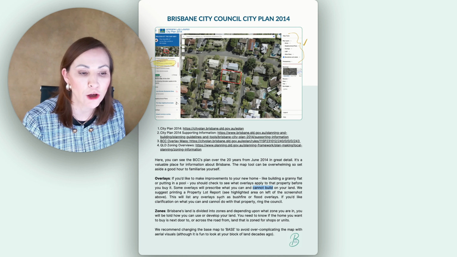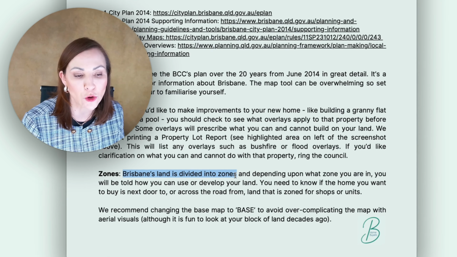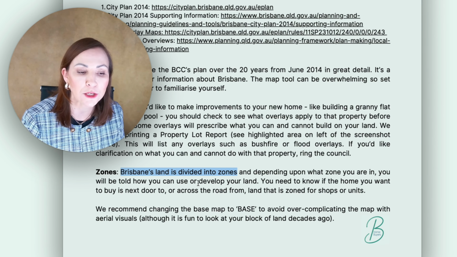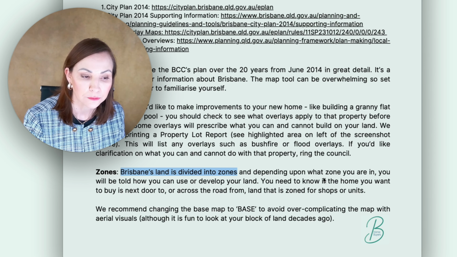This will list any overlays such as a bushfire overlay, flood overlay, and you'll be able to see. So, and zones, Brisbane's land is divided into zones, and depending upon what zone you are in, you'll be told how you can use your land or develop your land.